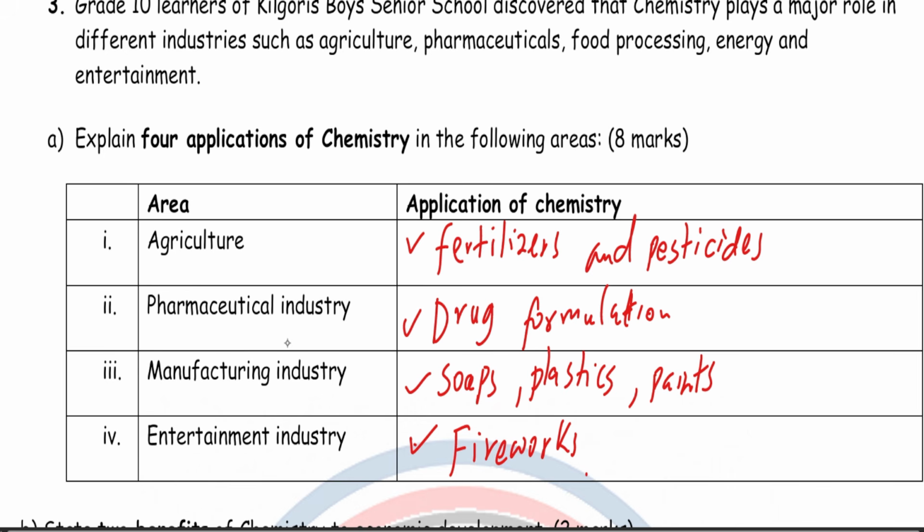Also, I think dyes and pigments and etc. Someone might ask, how is dye connected to entertainment industry? Obviously, we use it for makeup and other purposes. So yeah. So let's continue.